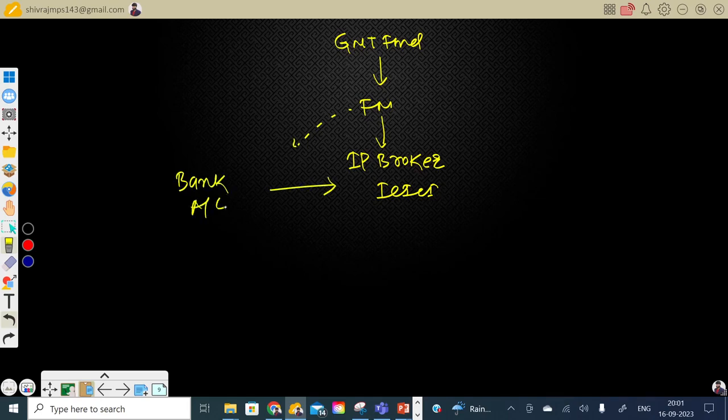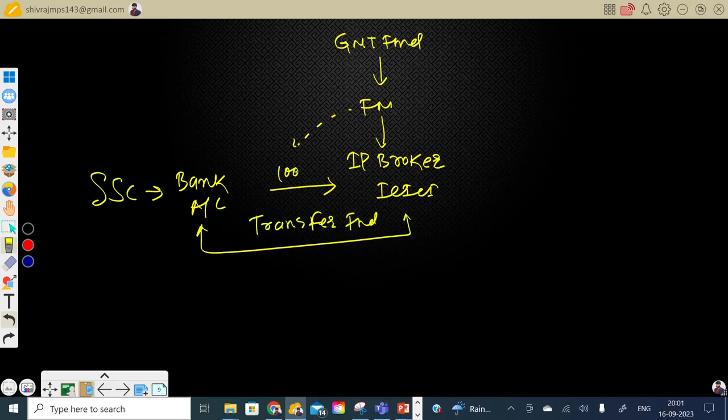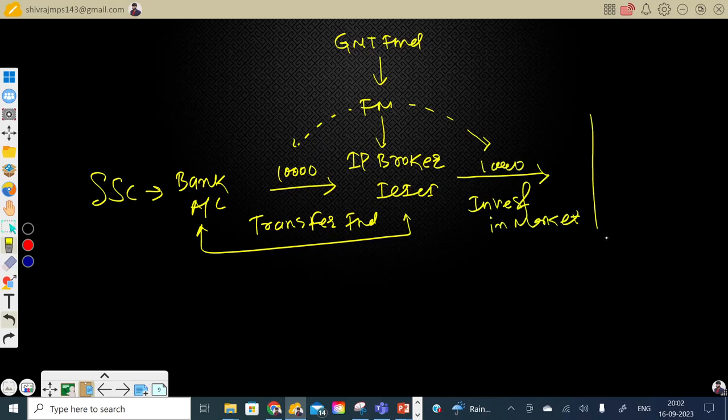Let's say the bank account is with State Street Corporation. The fund manager transfers funds, let's say 1 lakh from the bank to the broker, and then the fund manager will utilize it to invest in the market.